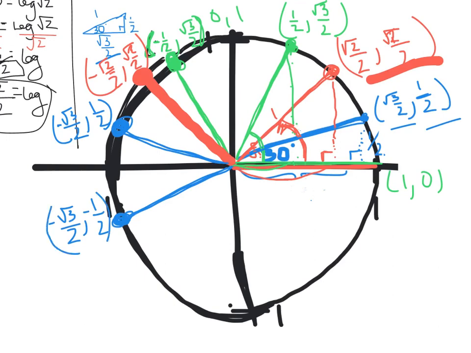It will also be reflected here, where my x values are positive and my y values are negative. Again, with the 45-degree angle increments.